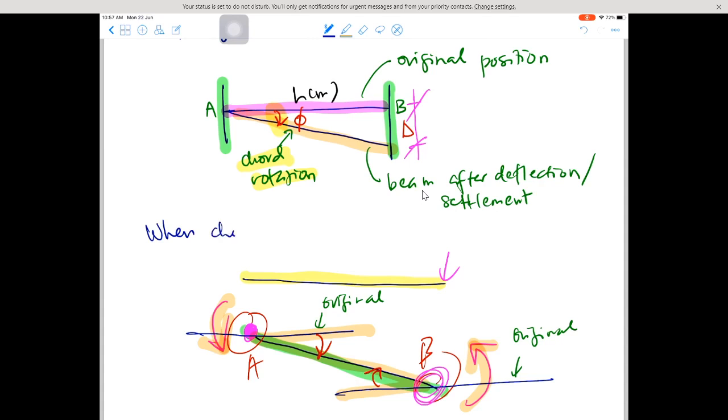chord rotation or angle is positive, fixed end moment, both fixed end moment at A and fixed end moment at B, is negative.